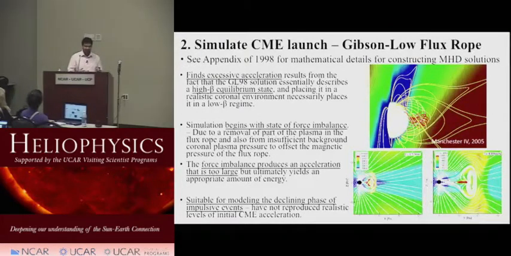And for these reasons of acceleration, this model, in this case, was shown to be suitable for modeling the declining phase of an impulsive event. So they're not trying to do the initiation problem, but once you look at observations and you say it's already initiated, and the CME is now beginning to propagate into the heliosphere, this model and the simulation is somewhat appropriate.